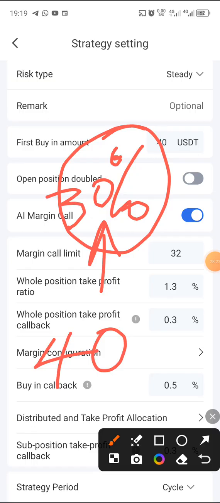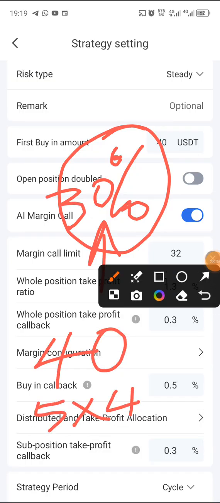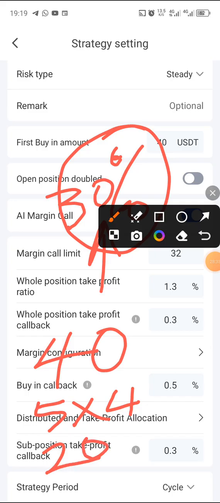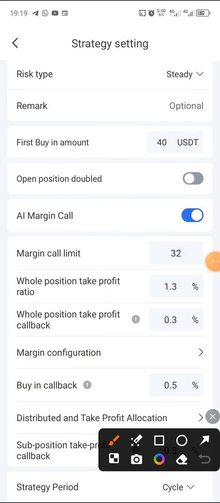Let's say the market dropped like 2%, and your robot has bought, let's say, 4 margin calls. 4 margin calls of 5, giving us 20. Meaning the 20 plus this 40, the robot has invested $60.